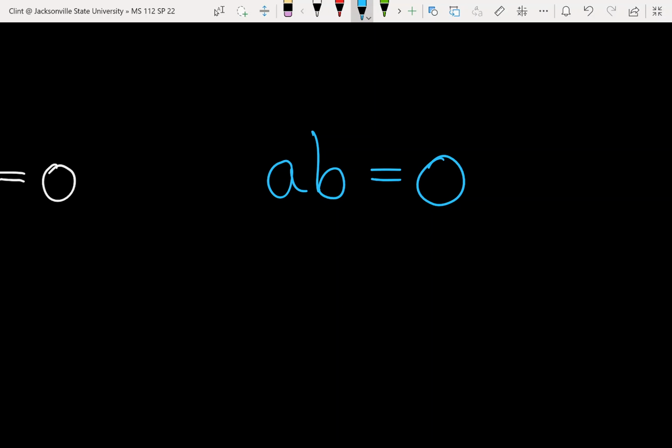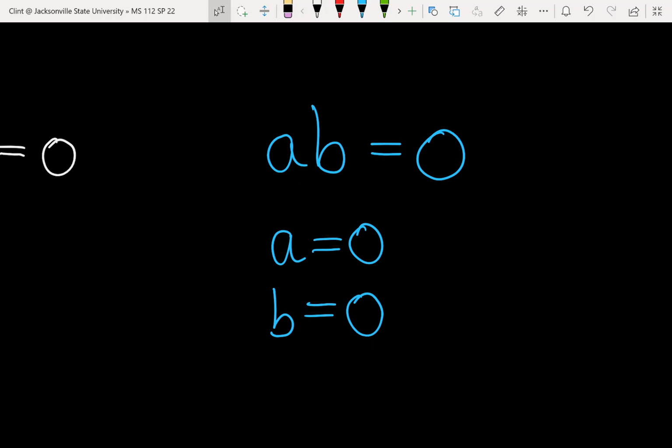Yeah, one of them has to be 0, so that really gives us two options, right? A could be 0. 0 times anything is 0. B could be 0. Anything times 0 is 0. Or they both could be 0. 0 times 0 is 0. So three possibilities. One, our first number is 0, our second number is 0, or they're both 0. That's the only way we can have a product with real numbers and get 0.